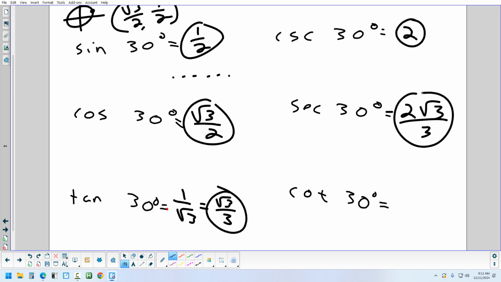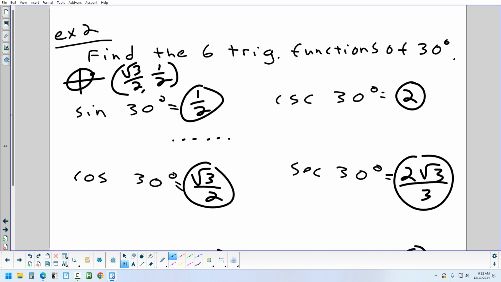Yep, root 3. Okay, when you get to this one, you have 2 things you could flip. You could flip the first one or the second one. I would flip the first one because the square root's in the bottom, and if you flip it, it goes to the top. If you flip the second one, you're going to get the same thing, but then you got to fix it because you put the root back in the bottom all over again. Okay. So there's your 6 trig functions of 30.